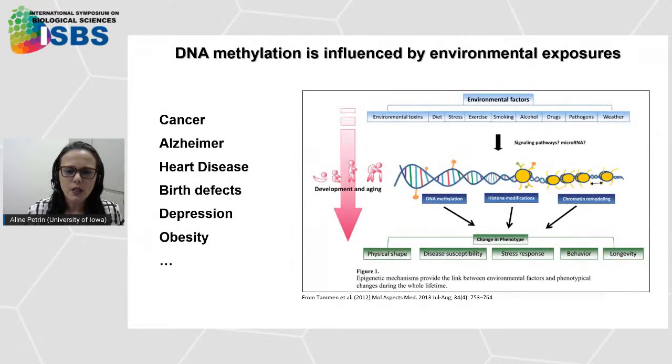We know that DNA methylation and other epigenetic marks are responsive to the environment, and our lifestyle can influence them, and it's been shown in cancer, Alzheimer's, depression, and heart disease. There are many diseases that we know lifestyle contributes to, but our lifestyles are way more likely to change our epigenetic machinery than our DNA sequence itself.